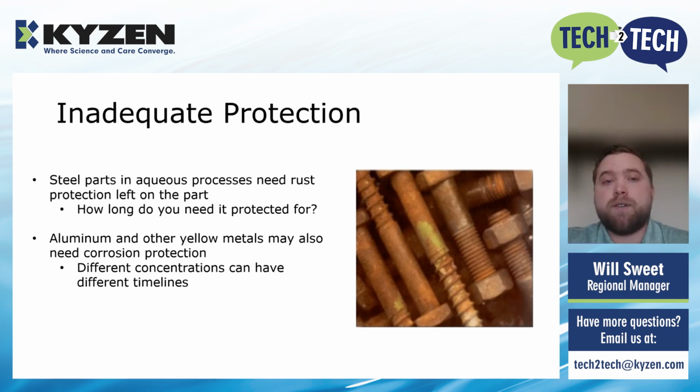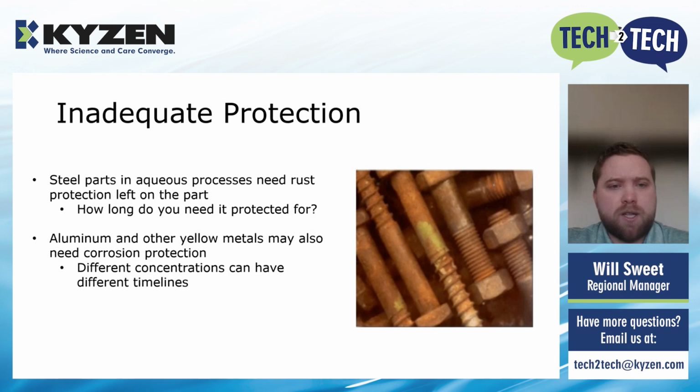But if you need upwards of 60, 90 days, you're most likely going to need a dedicated, potentially cleaning/corrosion protecting product, which you can find from your chemical provider. And typically those leave a dry film behind, which will give you long-term protection for those parts.